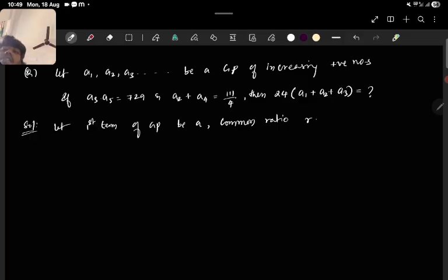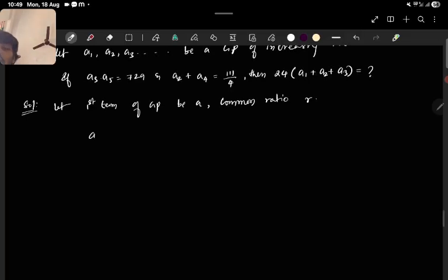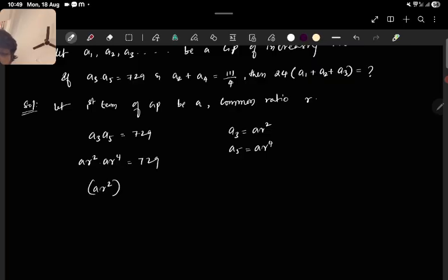They gave a3 into a5 is equal to 729. So a3 is ar square and a5 is ar power 4. Put it over here: ar square into ar power 4 is equal to 729, which is a square r power 6, which is nothing but (ar cube) whole square is equal to 729.